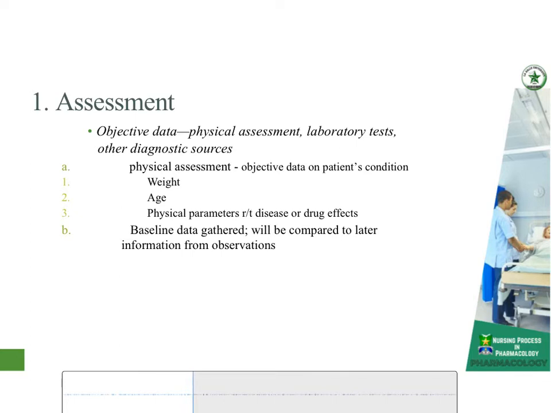Because the doctor says to come back after a month or after 3 months, we will try to check your lab results again. Okay, to see if it improved or not, or if there is a difference from taking the medicine, a difference you can see in the laboratory results. Okay? So data collection should provide additional information about the patient's symptoms and should also target those organs most likely to be affected by the drug therapy.